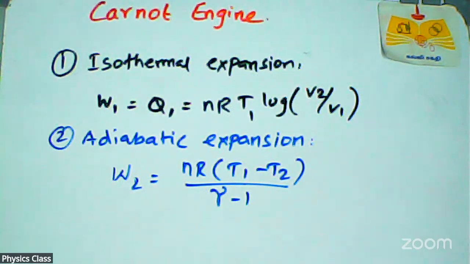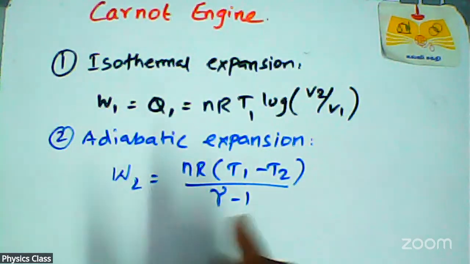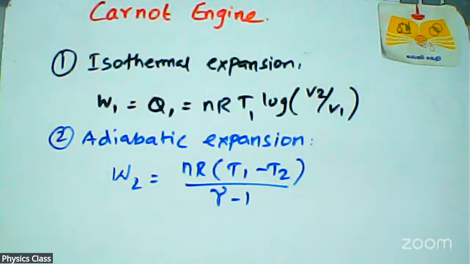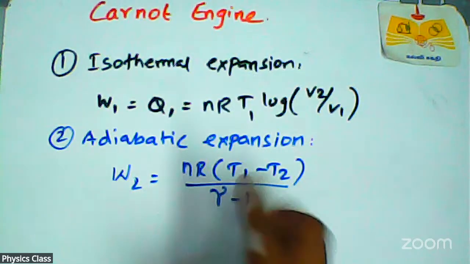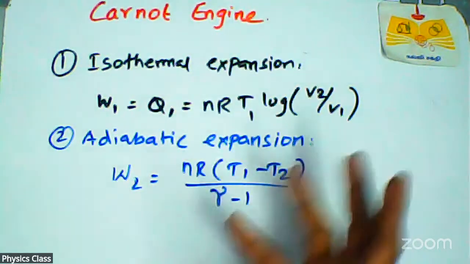This is the work done in the adiabatic expansion, from stage 2 to stage 3. Work is the integral of P dV, and from that we can derive nR by gamma minus 1 times T1 minus T2. T1 means high temperature and T2 means low temperature, TL.